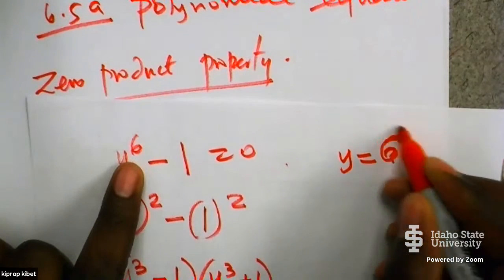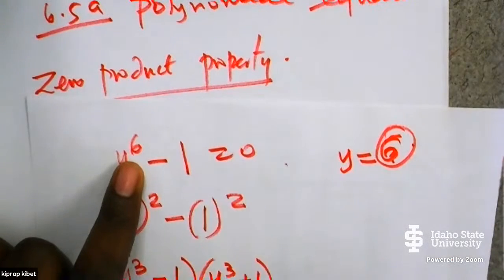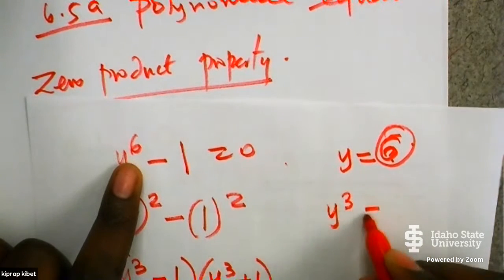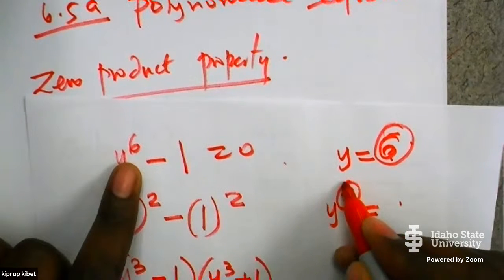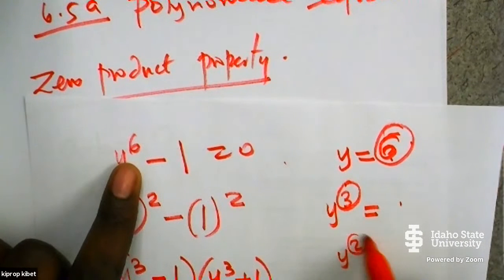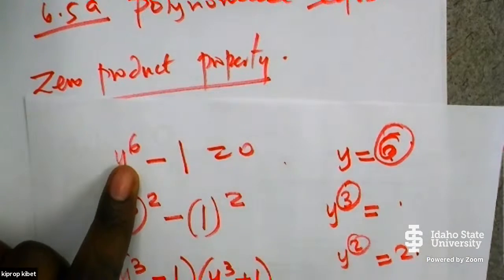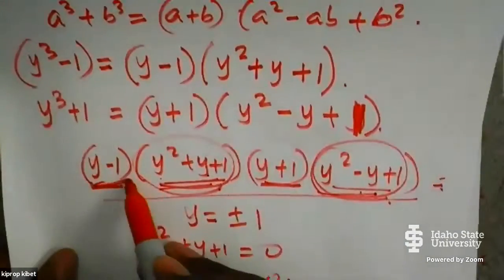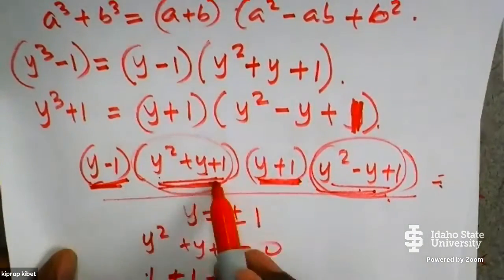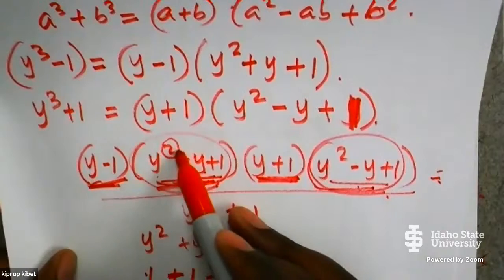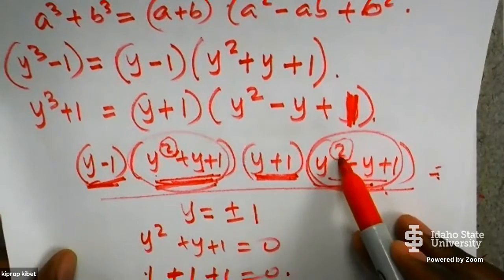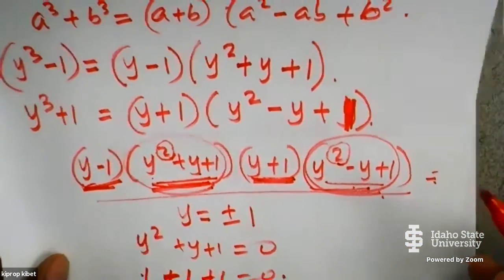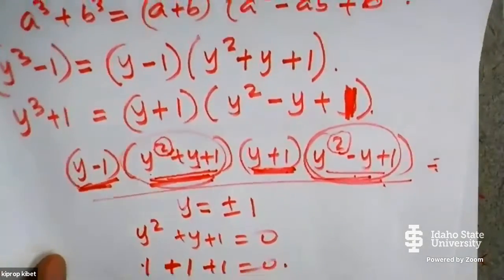If you see y raised to 3, then there are 3 values of y. If you see y squared, then there are 2 values of y. So here we'll have 6: we get 2 of them here, 2 here, and 2 here, so it adds to 6.